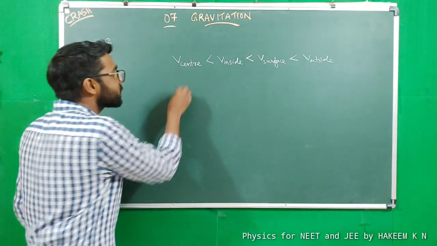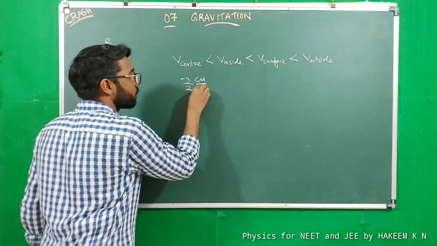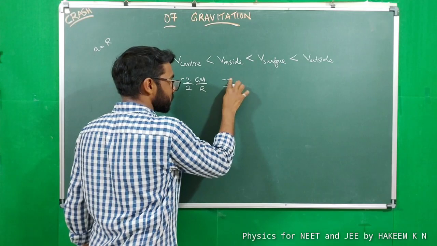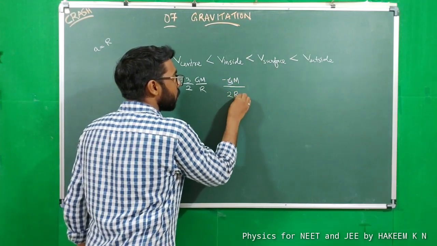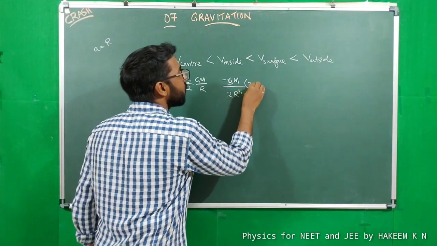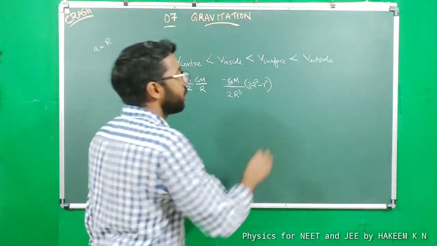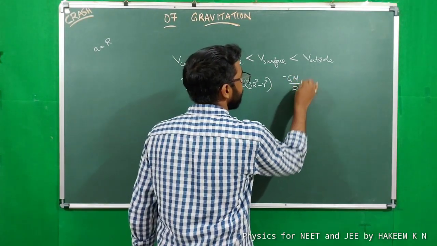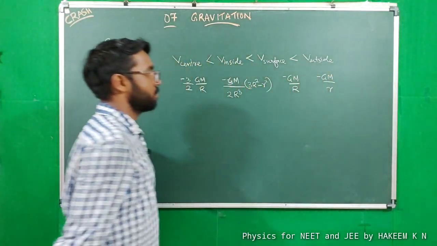V center is minus 3 by 2 GM by R. V inside, we know the relation, is minus GM by 2R cube into 3R square minus small r square. V surface is minus GM by capital R, and V outside is minus GM by small r.